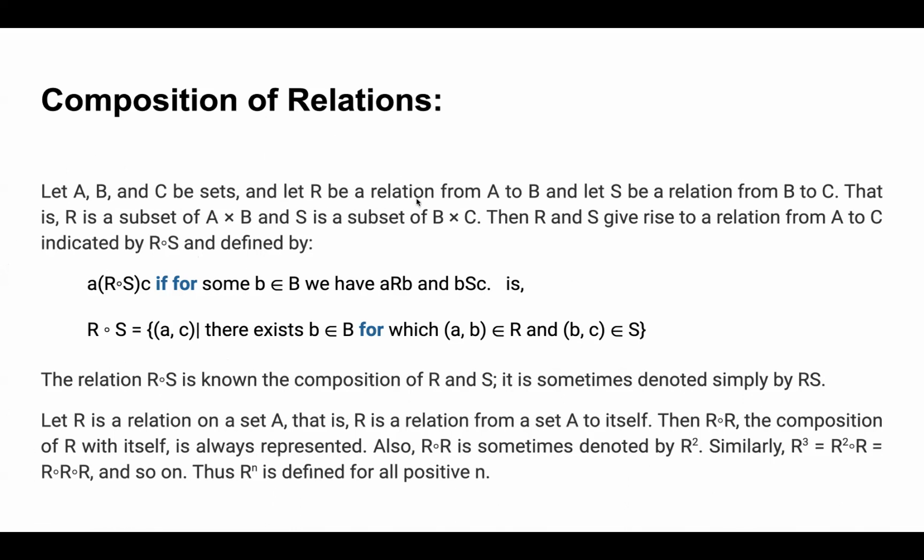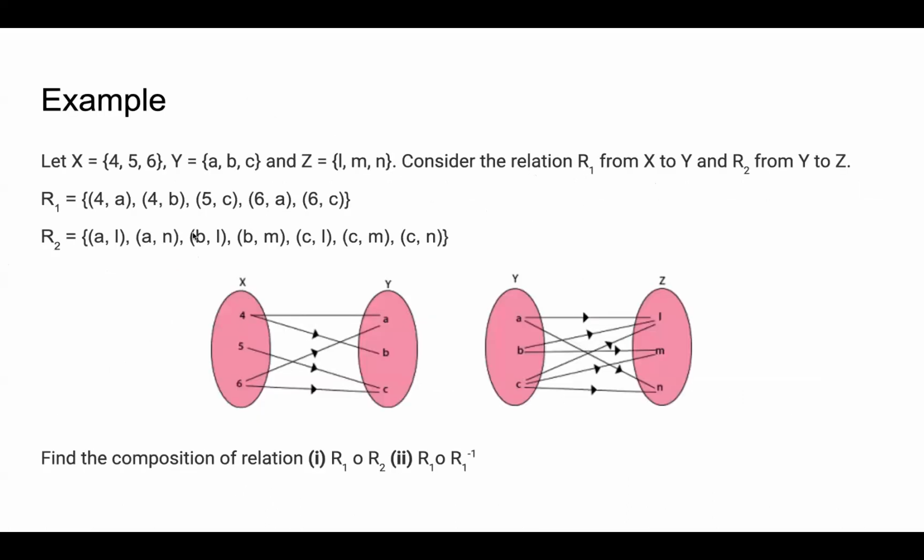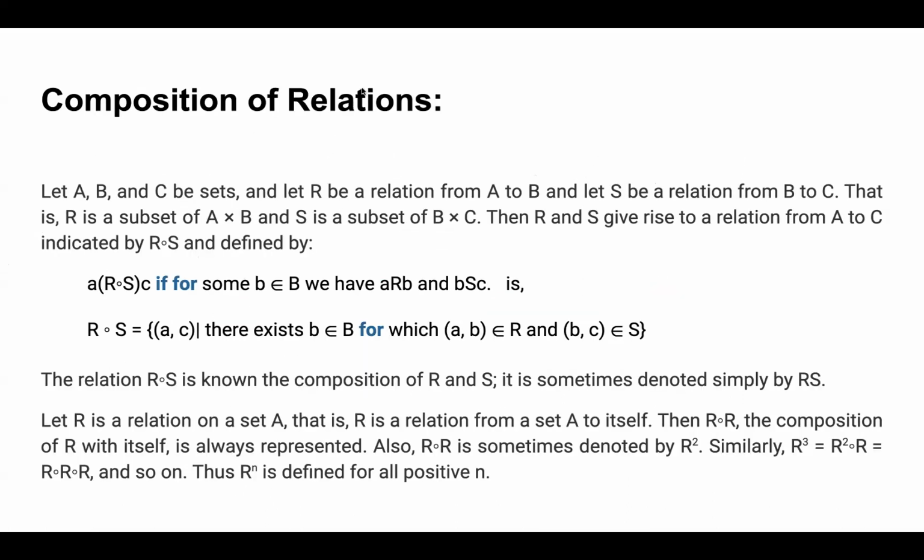Let R be a relation from A to B and S be a relation from B to C. That is, R is a subset of A cross B and S is a subset of B cross C. Then R and S give rise to a relation from A to C indicated by R composite S. Okay, R composite S is denoted like this.